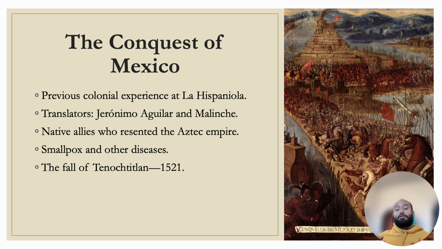Translators were very important because when Cortés arrived with a group of Spaniards, the first thing they do is have an audience with the Aztec emperor. And they have the need to communicate what they think and to have someone who is able to translate what the other part of the conversation is bringing into discussion, right?